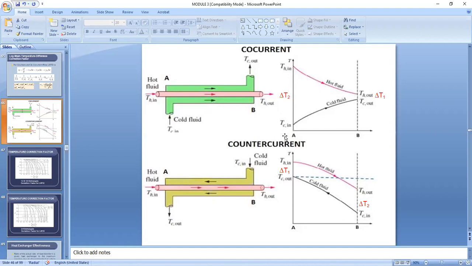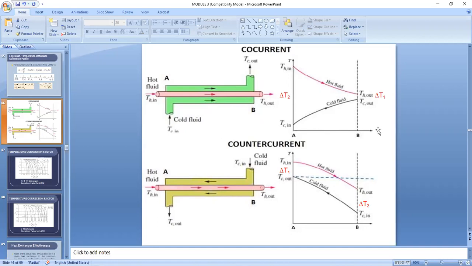This is the inlet temperature of the cold fluid, and its temperature is expected to increase. So this is the temperature diagram for this flow orientation. Your delta T1 and delta T2 are these two temperature differences: this is your delta T2 and this is your delta T1.